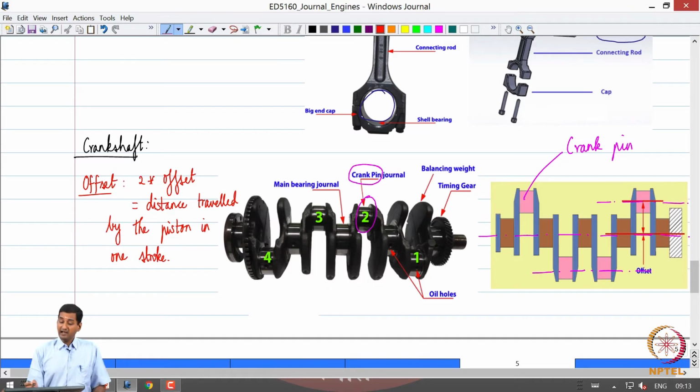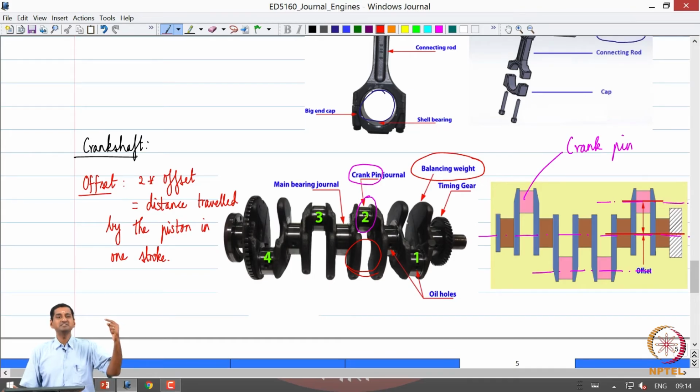And we can see all these counterweights or balancing weights, which are basically included in the crankshaft, just opposite to that of the crank pin. So, if you see the crank pin here, you can see these balancing weights at the other end. Why is that? Because the connecting rod will apply a force on the crank pin that will have two components.